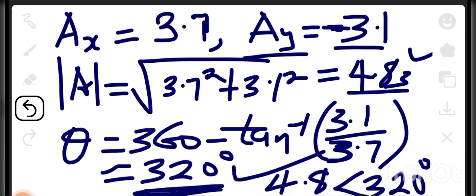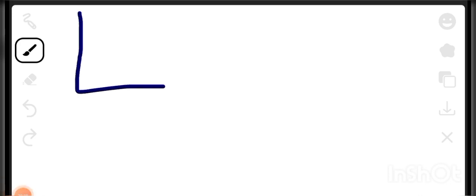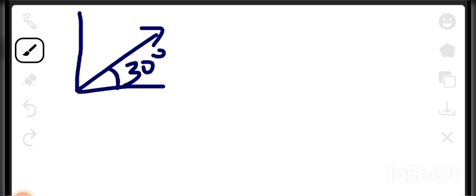Let me give you one last question. The vector is 20 at 30 degrees. What is the x and y component of this?